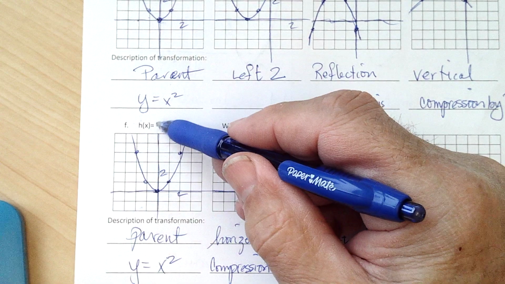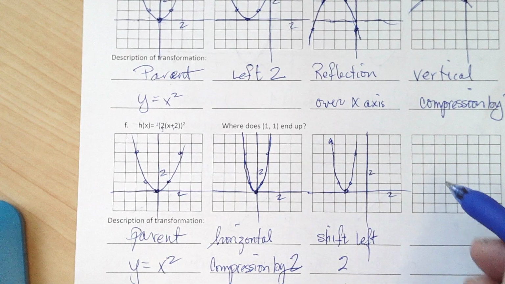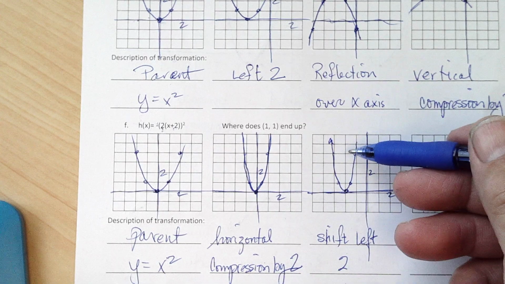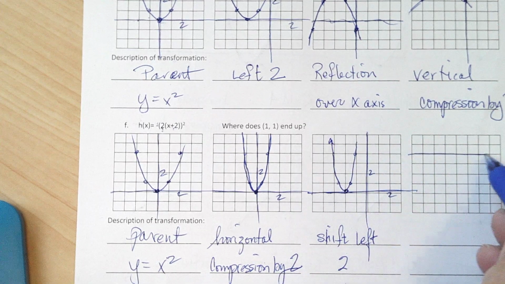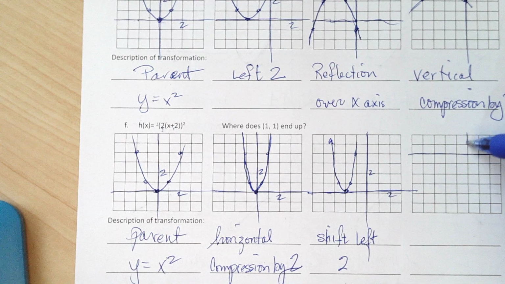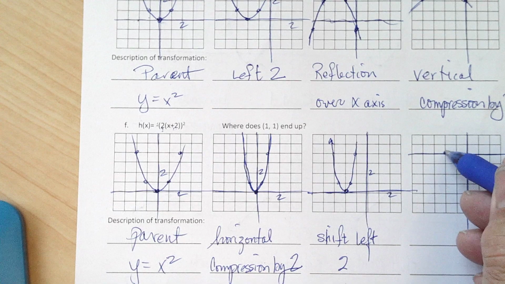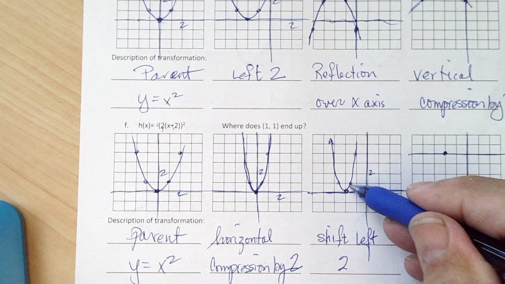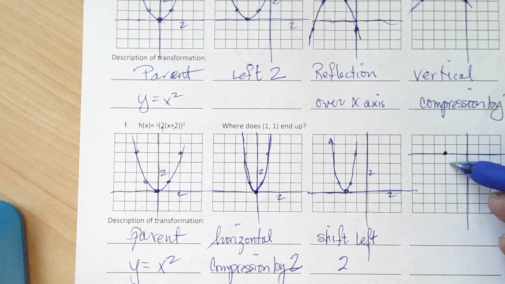And finally, the negative 1 on the outside is times, so it's causing a reflection over the x-axis. So all this is going to go down. So I'm moving my x-axis up so I have room for it, leaving my y-axis there. So this was up at minus 1.5, it was up 1, so it goes down 1.